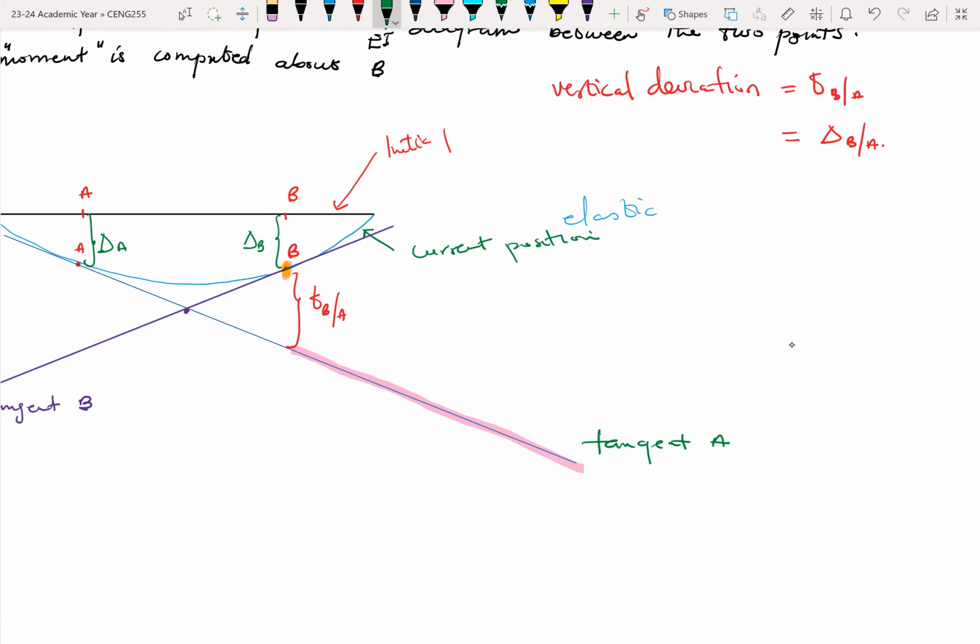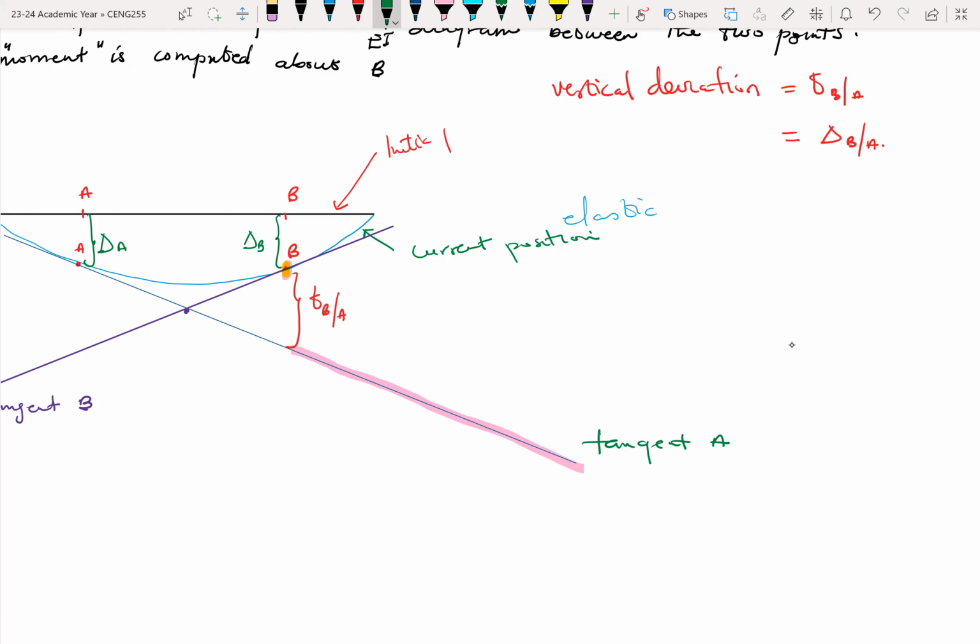But with the moment area method, it's always taking into consideration 2 points. With slopes, you find the change in slope between 2 points. In the same way, with deflections, you first have to find what you call the vertical deviation.